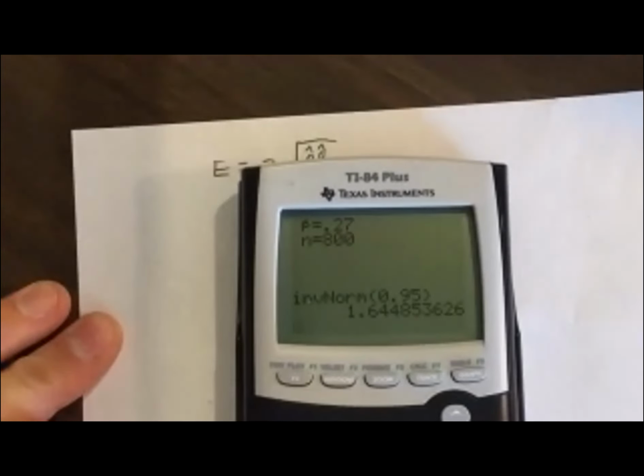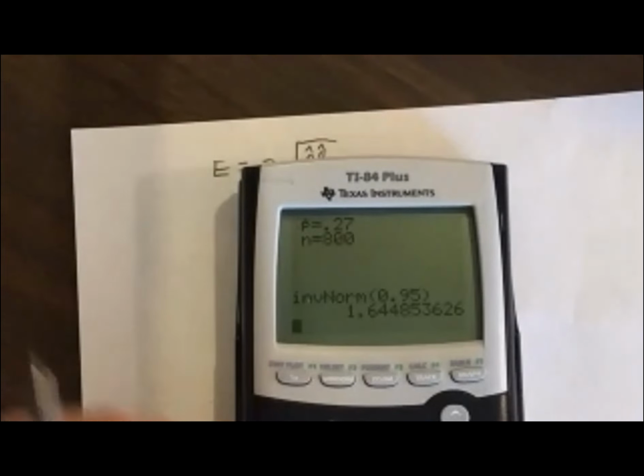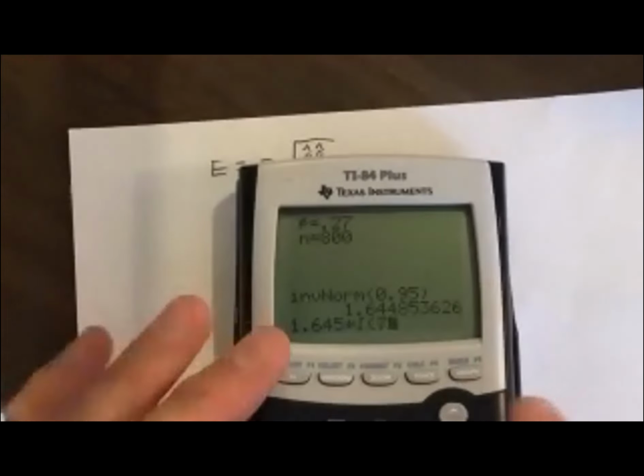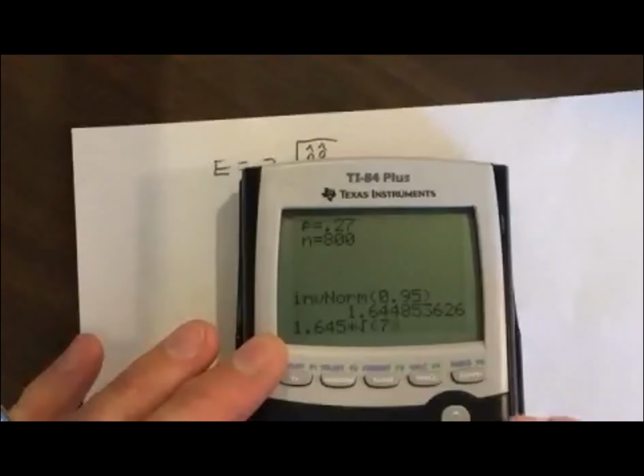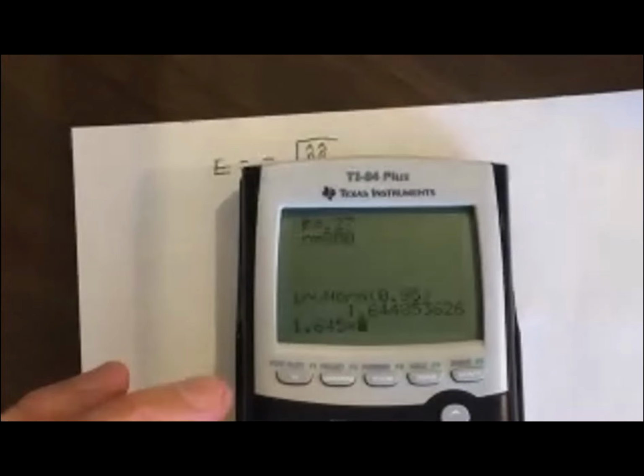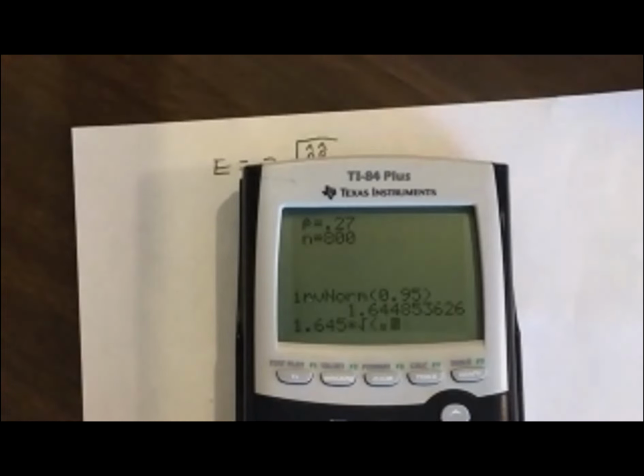When we do this calculation, we're going to end up with 1.645 times the square root of 0.75 times 0.25 divided by 800.